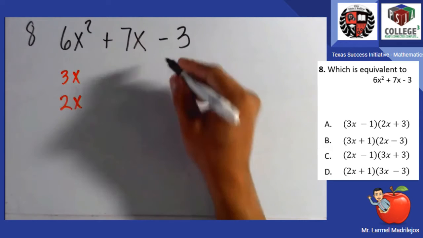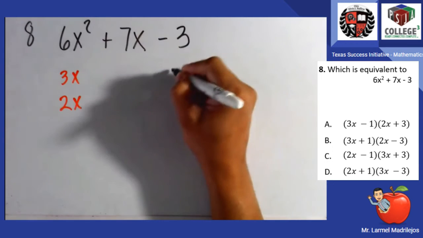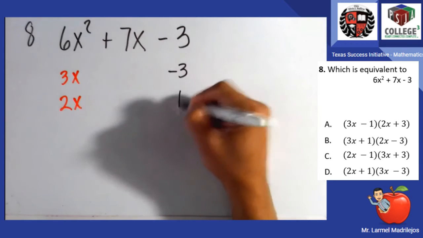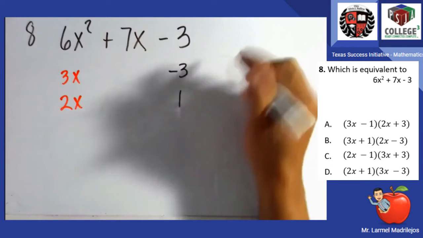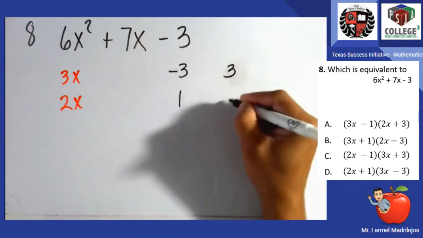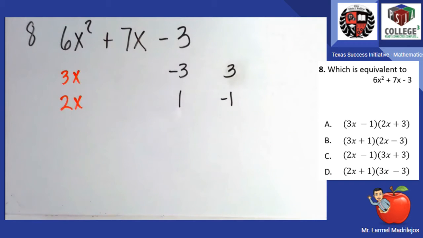It can be negative 3 times 1, or positive 3 times negative 1. Okay, but we need to verify. Okay, let's verify first.